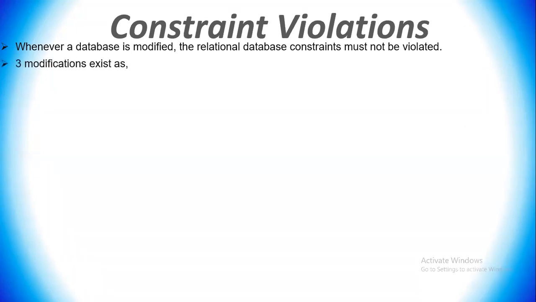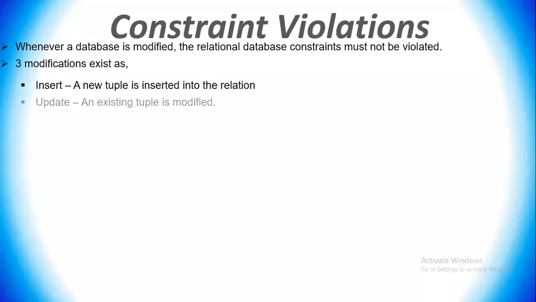So in data, you just saw that there are three operations: inserting data into a relation, update, which you did a moment ago to update data, and using the delete from command, you deleted the tuples or data in a table.